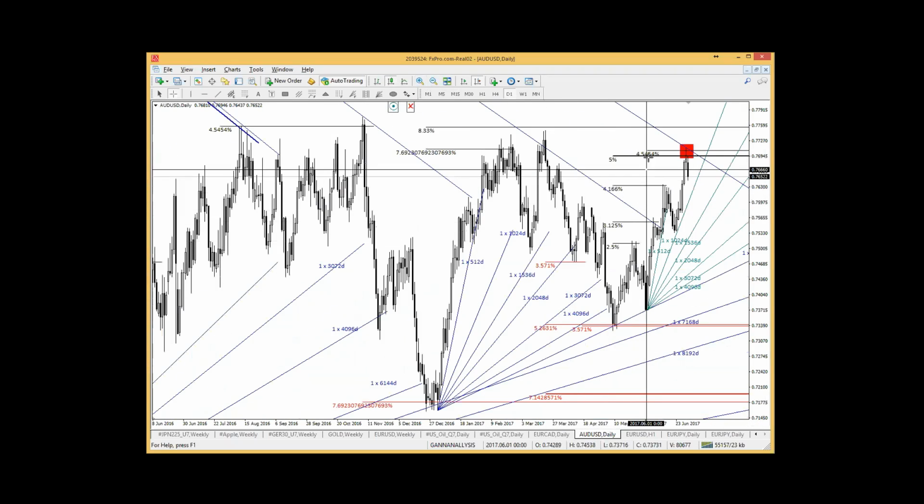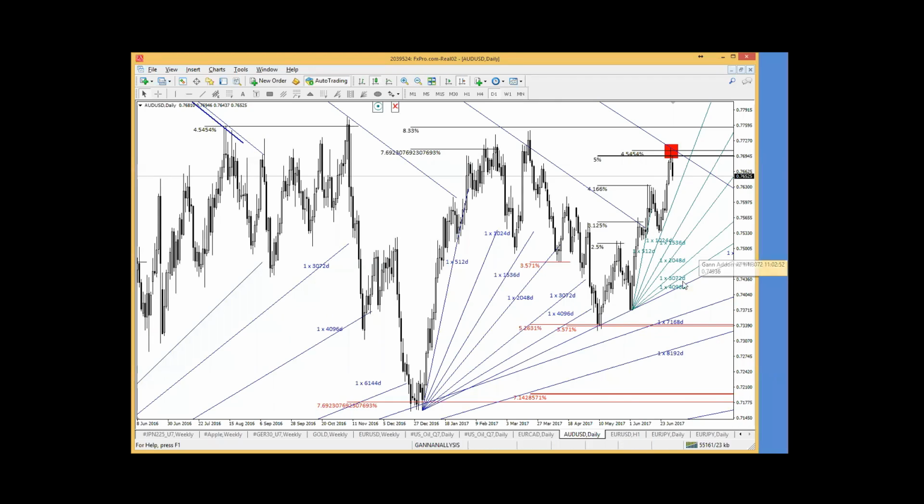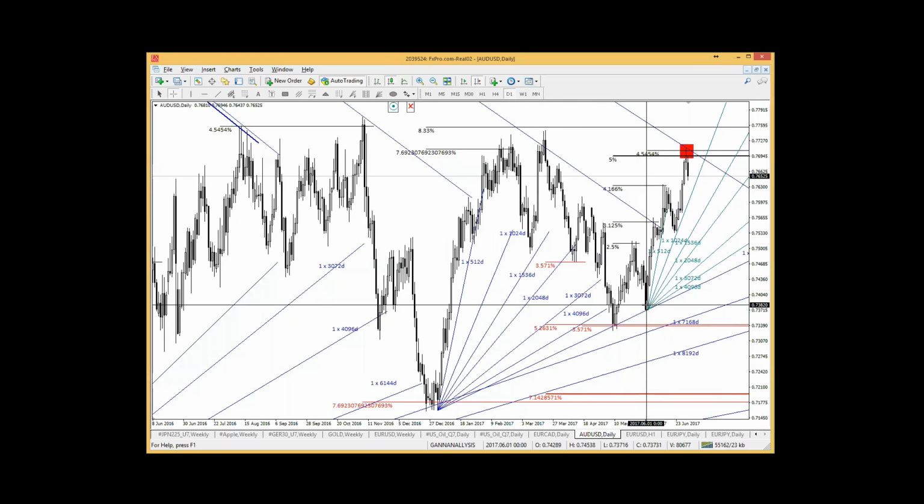This concerns the resistance here and the short position. For support, we should expect a support at 1024, but I don't think that it will hold. Then 1536, 2048, 3072, and 4096 from the June 2017 low.